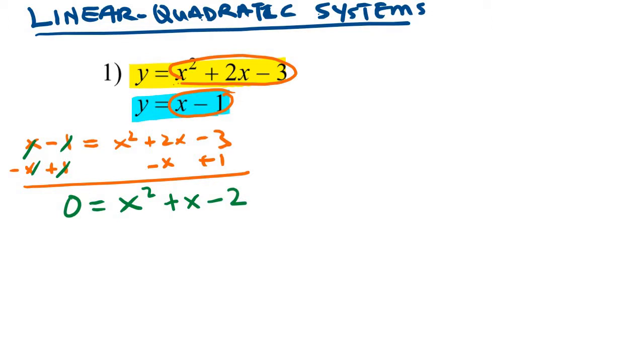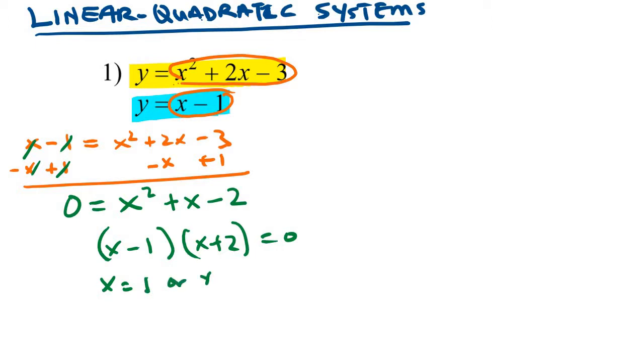Then we can factor this: x minus 1 and then x plus 2 equals 0, in which case x equals 1 or x equals -2.